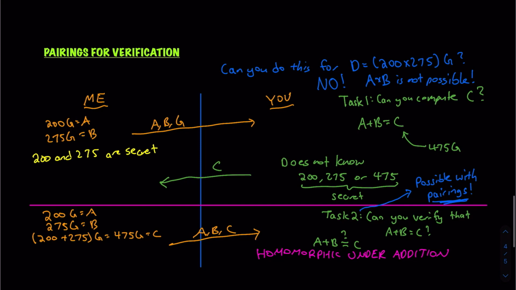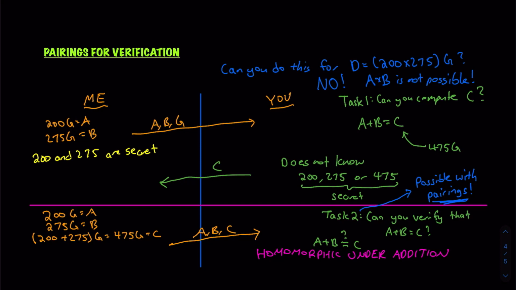The only way that you could calculate D is if you knew the secret values of 200 and 275 and did 200 times 275, then multiplied it by G. That's the only way that you could calculate D. However, I claim that what pairings are useful for is that I could calculate 200 times 275G, which equals D, give you A, B, and D, and you could verify that I did indeed calculate D correctly.